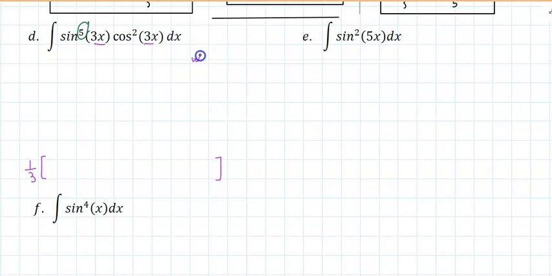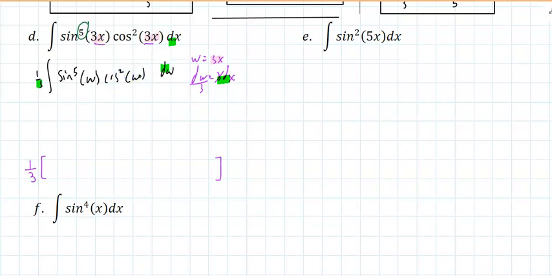Let w equal 3x. dw is 3dx. That means this right here is 1/3 with a dw, and this now becomes the sine to the 5th of w, the cosine squared of w.